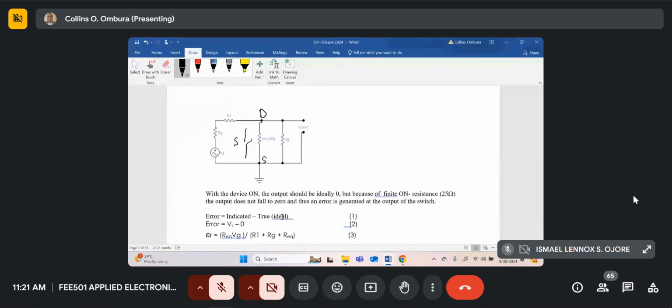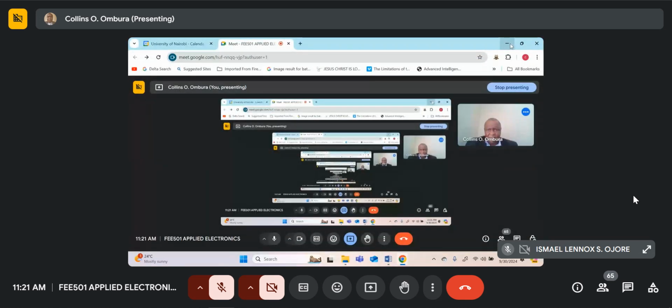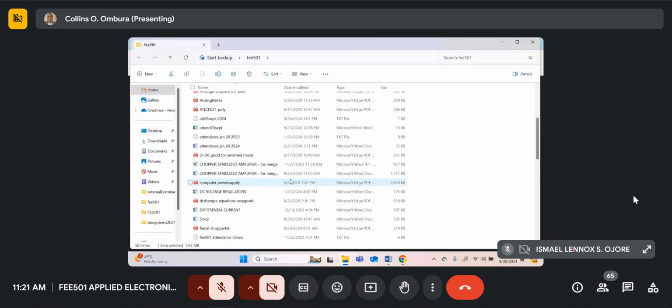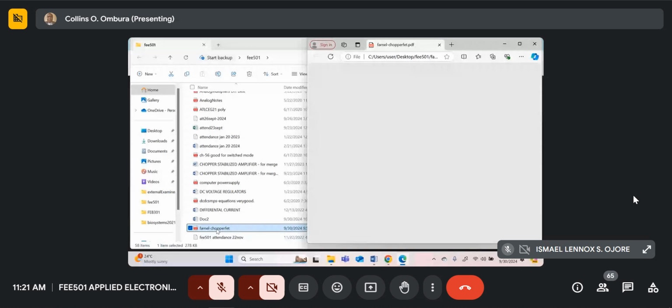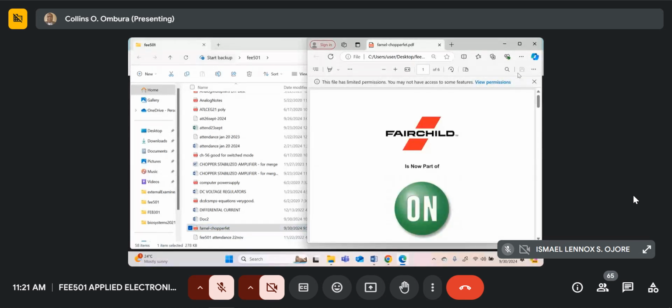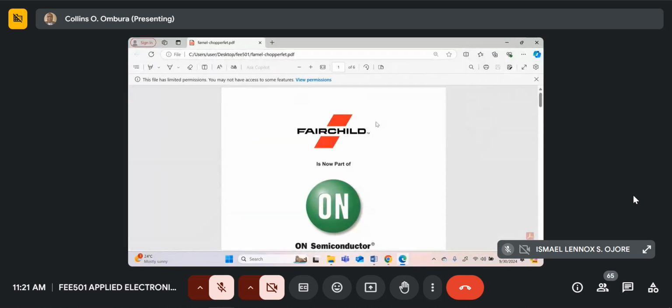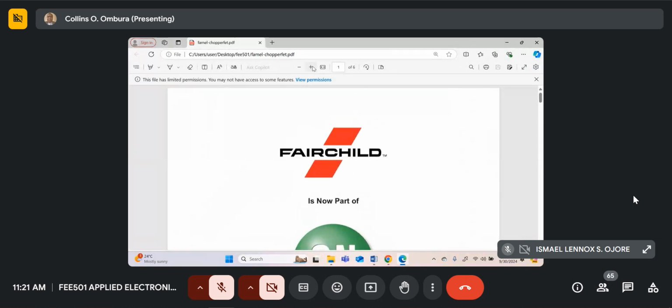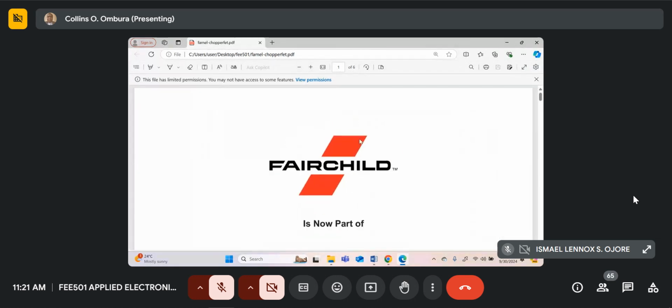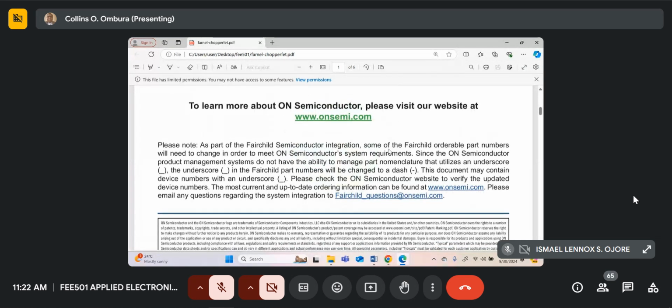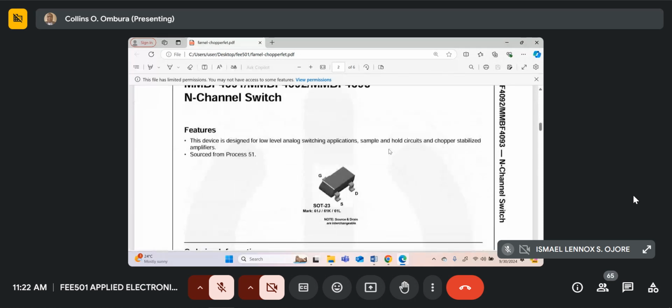Let me just show you something here. Let's go to some data sheets which I got. For example, Fairchild, this is an American company. So this is their chopper FET.